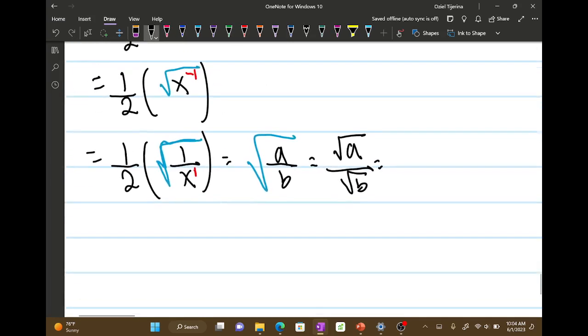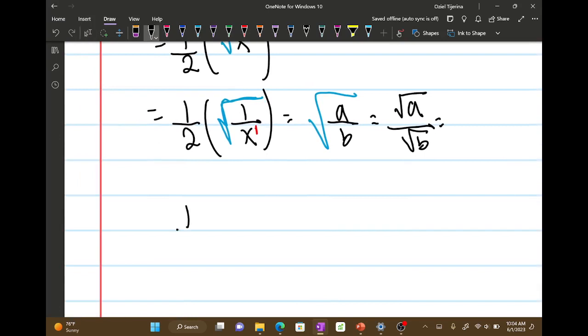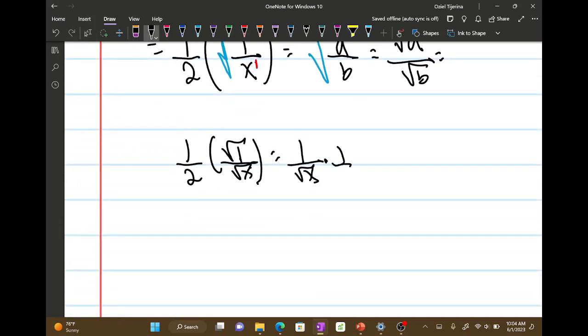So really this is going to look like 1/2 times the square root of 1 over the square root of x, which is equal to 1 over the square root of x, times 1/2, because we're multiplying the 1/2. So really this becomes 1 over 2 square root x. And this is my derivative, f prime of x, right?